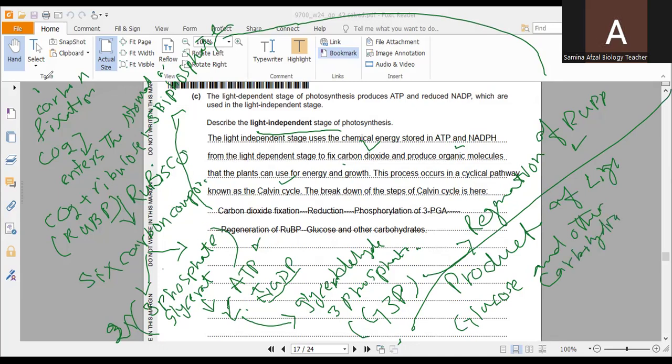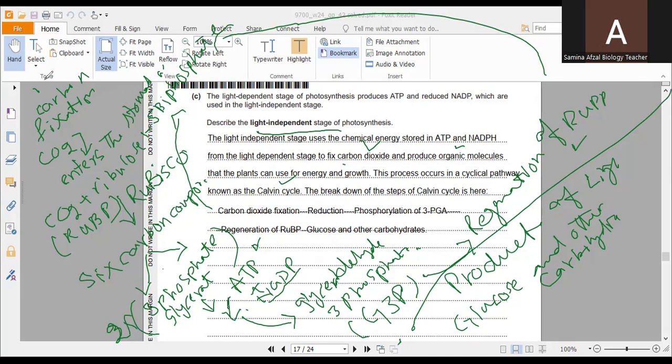Some of the glyceraldehyde 3-phosphate molecules produced, in abbreviation G3P, are used to synthesize glucose, which can then be converted into other carbohydrates like starch for storage and sucrose for transportation, and other organic compounds.